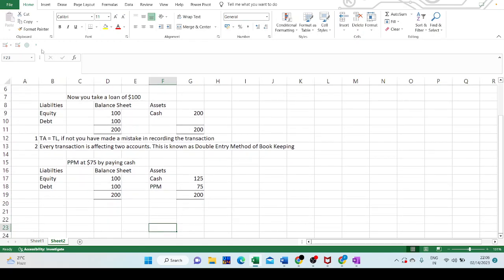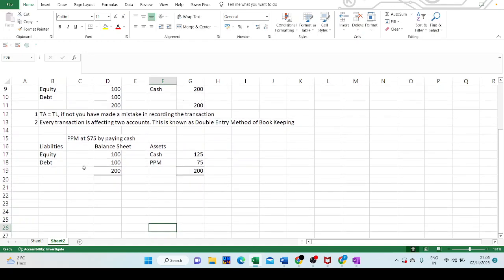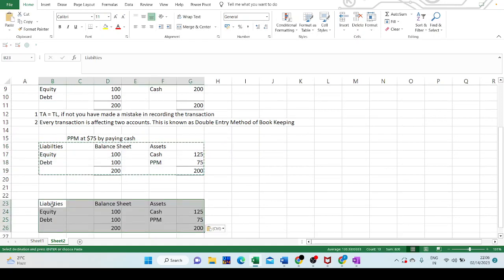So again see, when you bought property, plant and machinery at $75, it affected two accounts. It affected your cash account and it affected your PPM account. Right. Now let's move forward.